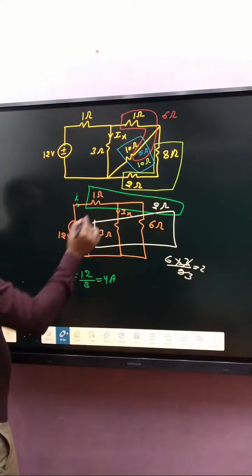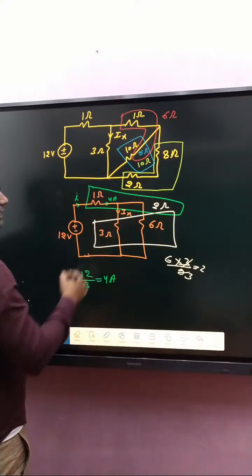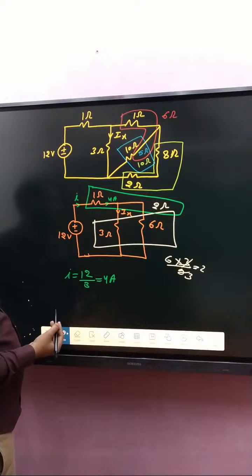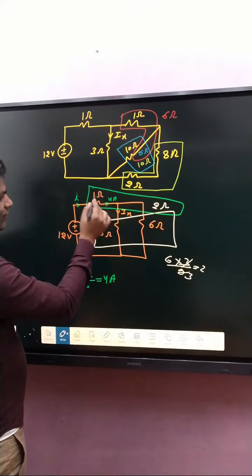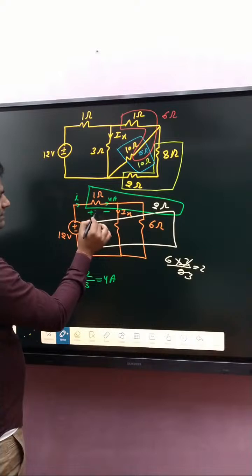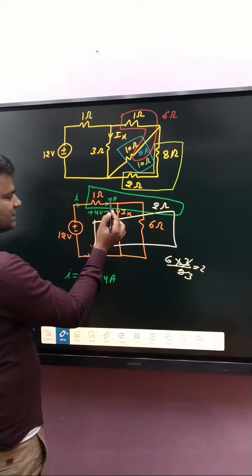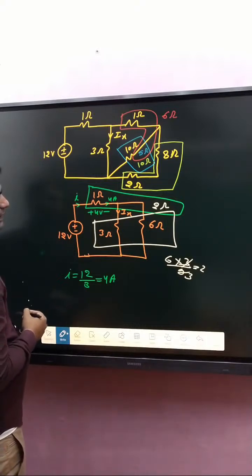Now look, here I is 4 ampere. You can determine with the help of the current division rule, or you can also determine the voltage across the 1 ohm resistance: 1 into 4, that is 4 volt.